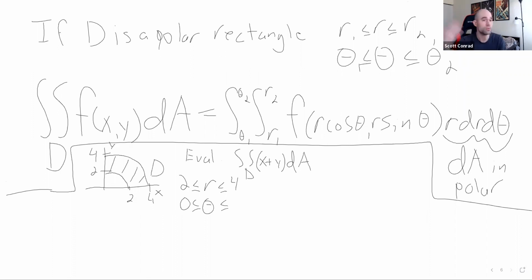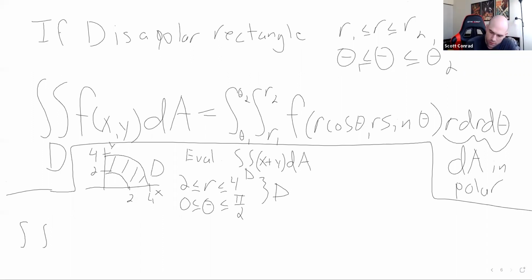And what is the largest angle? Well, it's pi over 2, because that's stuff on the positive y-axis. So these are our bounds for D, and these are going to be the bounds we use for the integral.